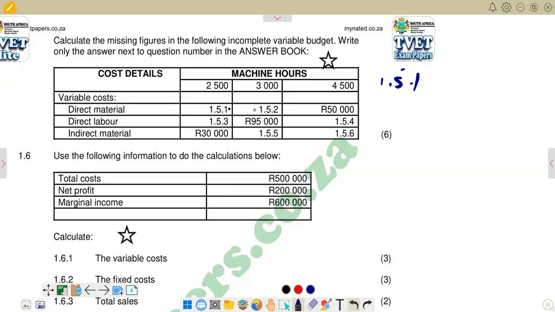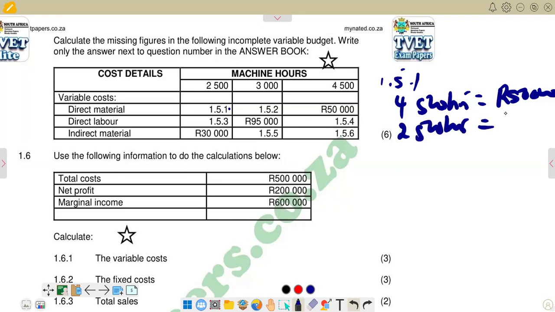And then the other one that is given in line with 1.5.1, we've got the direct material of 50,000 rands, which is coming from 4,500 hours. So what we are saying is 4,500 hours is equal to 50,000 rands. The one that we need is our 2,500 hours, which is the question mark. So we want to find this value.